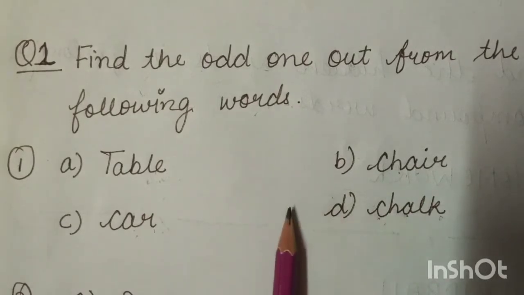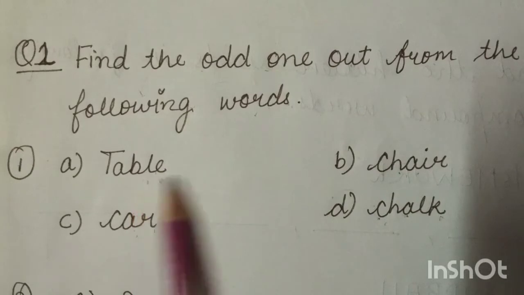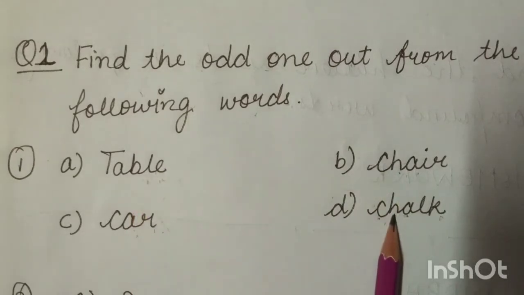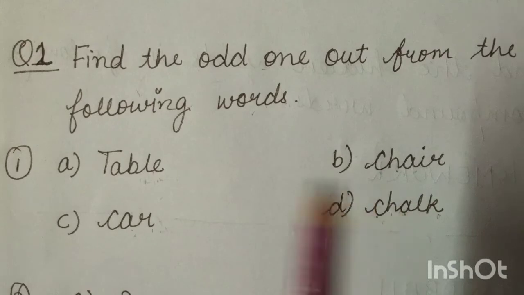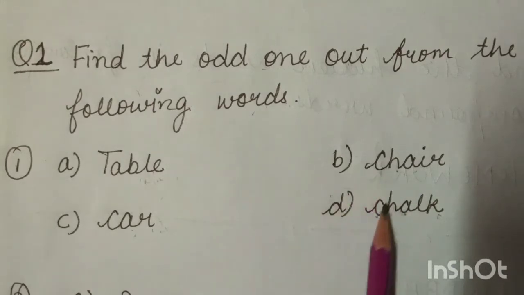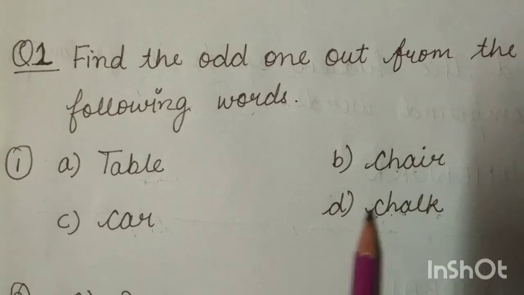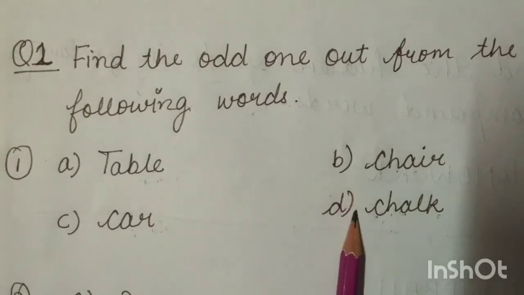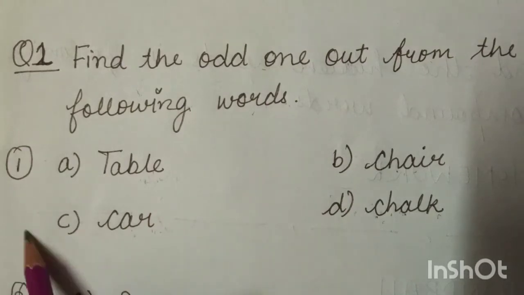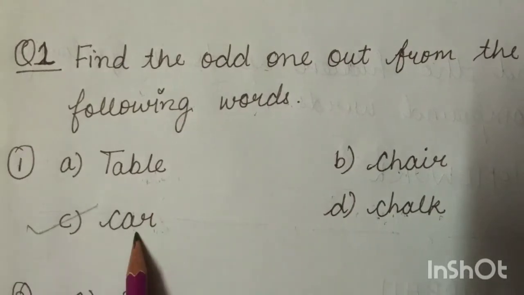We can easily find out that table, chair and chalk, there's a connection between 3 of them, that they get used in school. Table, chair and chalk are used in school, but car is different from the other 3 options, so we can tick car.